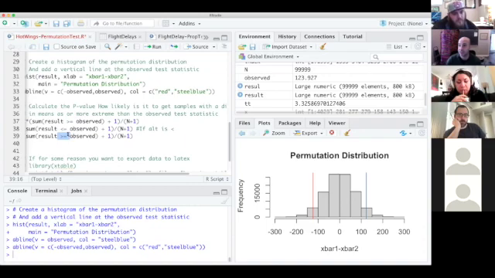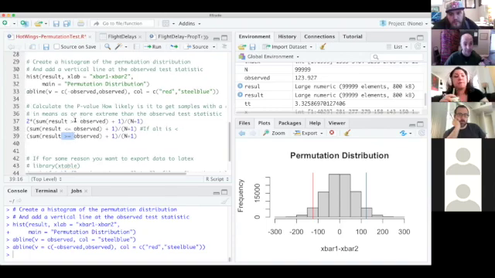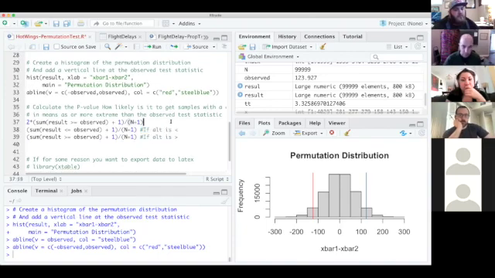You will have to change these inequality signs depending on your alternative question. So just keep in mind, this last line of the code is not going to be the same always. It's going to depend on whether your alternative has less than, greater than, or not equal to.